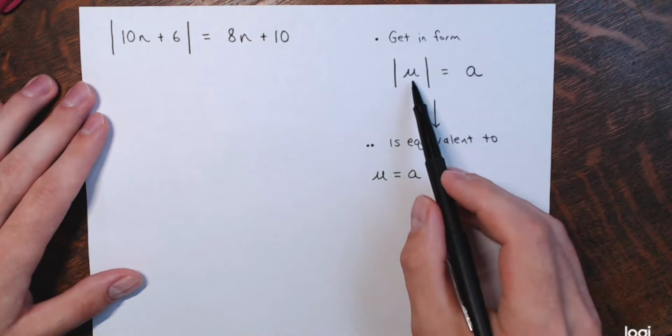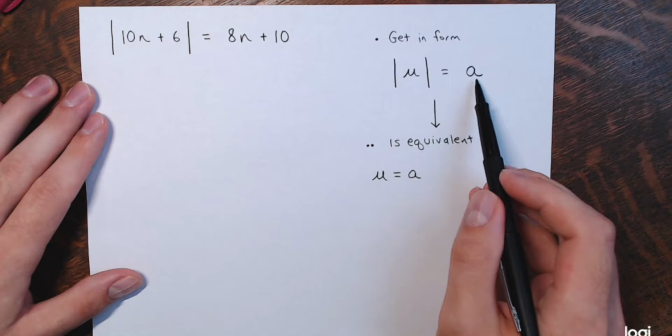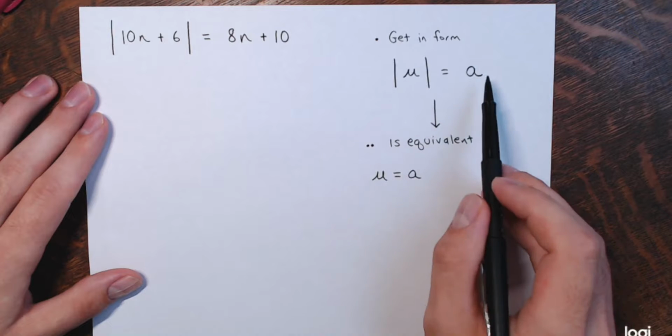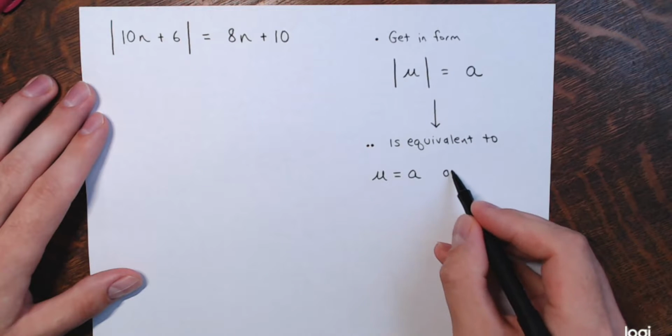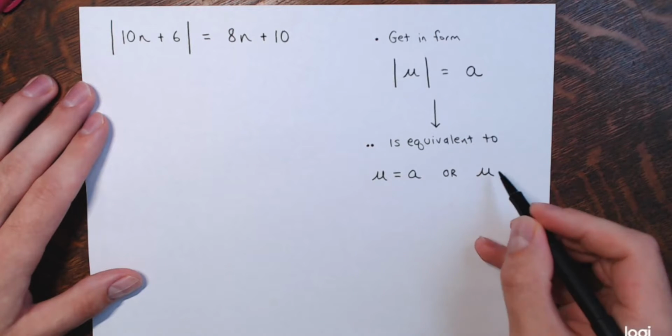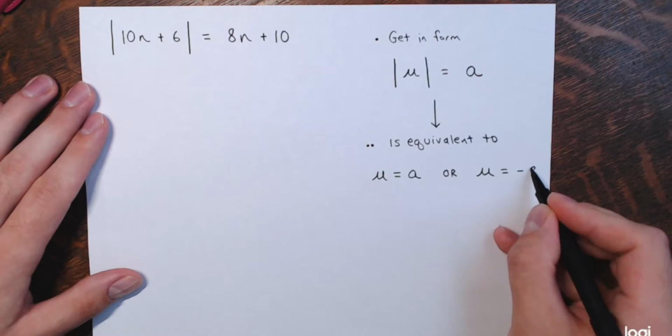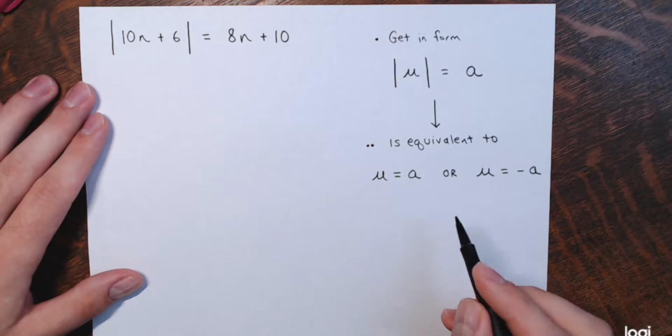So if the absolute value of some number is a, then either this expression u is a itself, or this expression u inside the absolute value symbols is the opposite of a, or -1 times a.